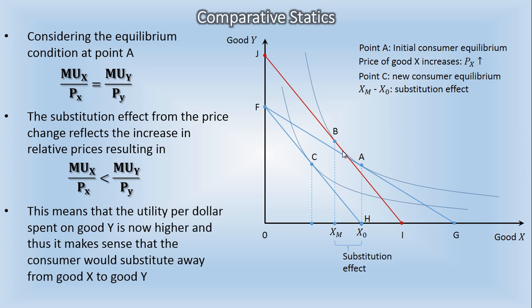So again, this means that the marginal utility per dollar spent on good Y is now higher. Thus, it makes sense that the consumer would substitute away from good X to good Y.